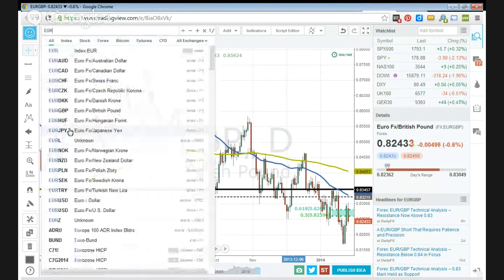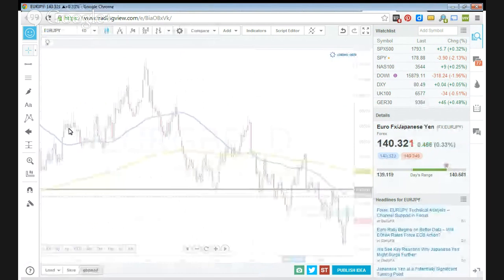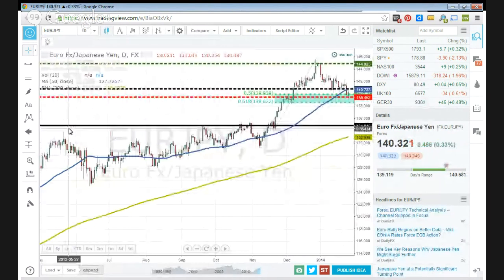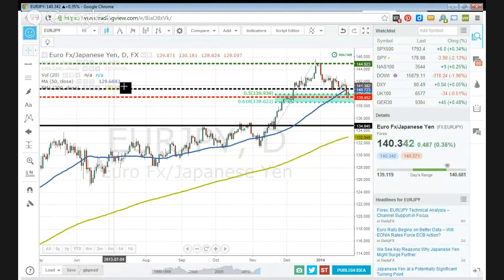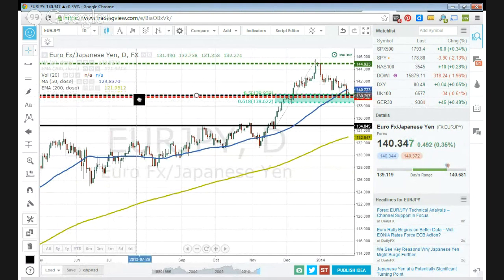Euro yen. I got stopped out on this last week. Looks like it's rallying, although we'll see. Now I'm inclined to. We're below the 50 simple moving average. Trying to move this line down.